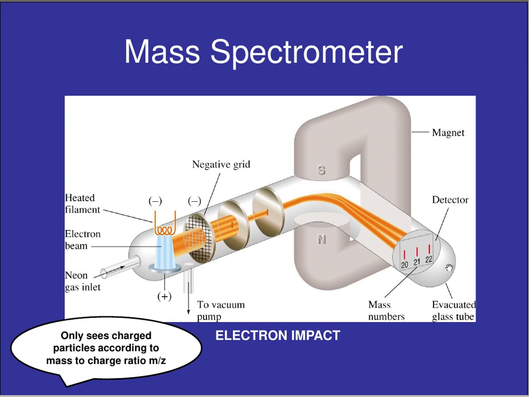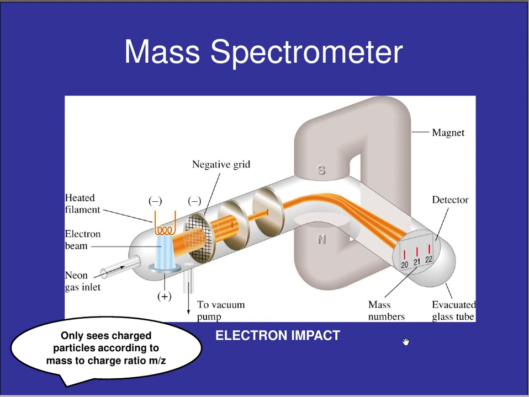Okay. Important thing is that you can only see particles that have a charge. If it does not have a charge, it will not be deflected by this magnetic field, and so you will not see any signal from a particle that does not have charge. This is called electron impact mass spectrometry.